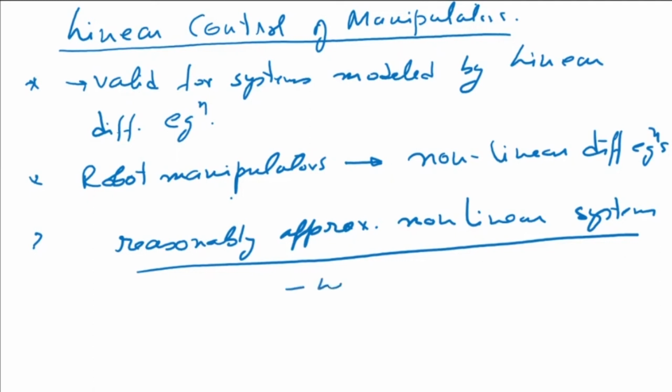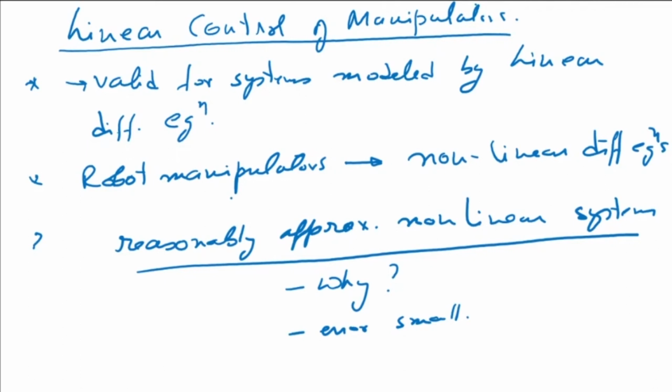Why this is a reasonable approximation we will look at as we go along. It is because if the errors are very small, then we can get away with modeling them by linear control systems. It's very interesting why the errors are very small and what you need to do to make the errors very small.